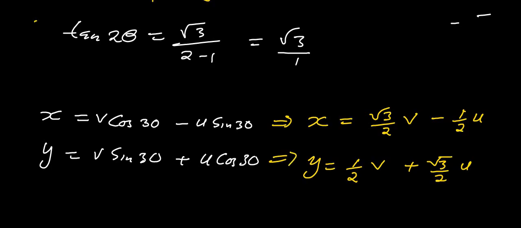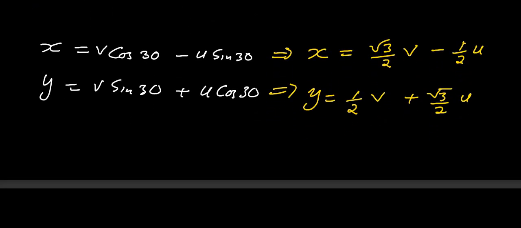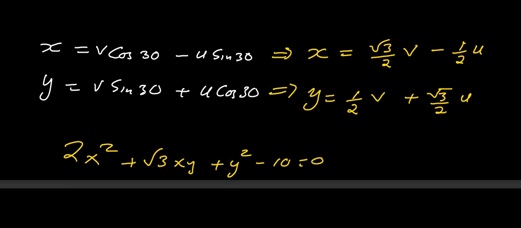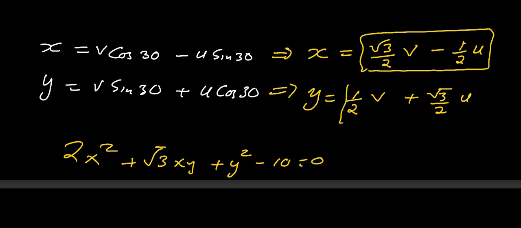So now we go back to our original equation, the question itself: 2x squared plus root 3 xy plus y squared minus 10 is equal to 0. Wherever there's x, we'll put this whole thing, and where there's y, we're also going to put this.